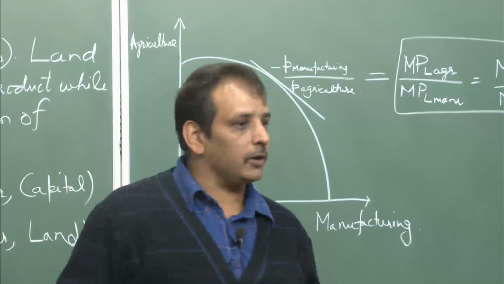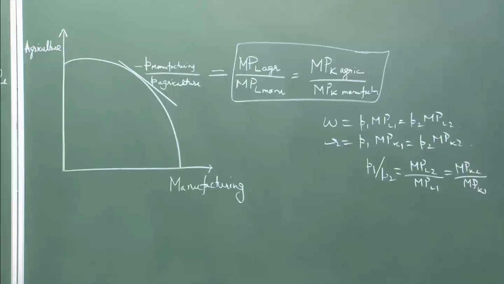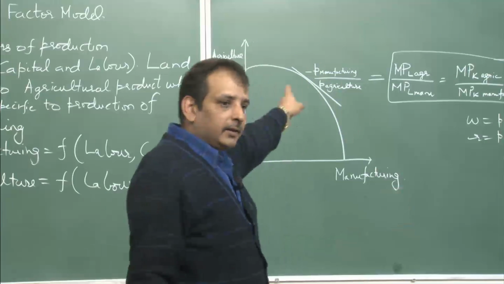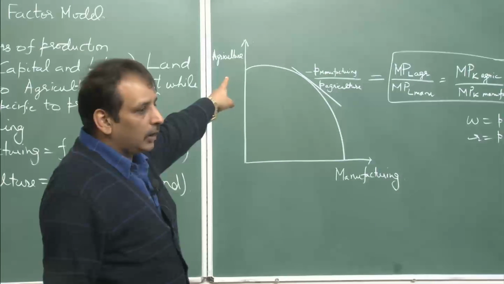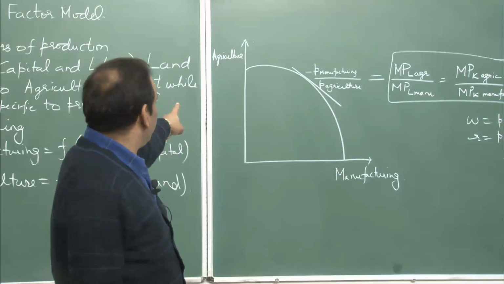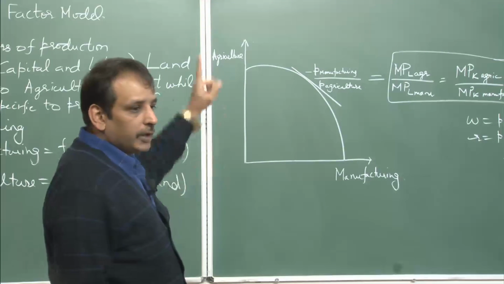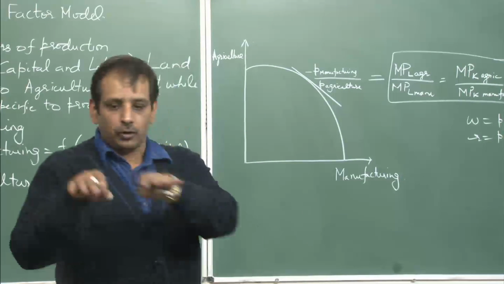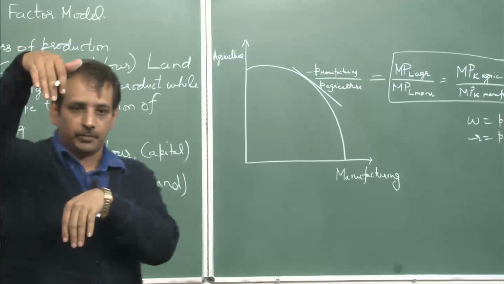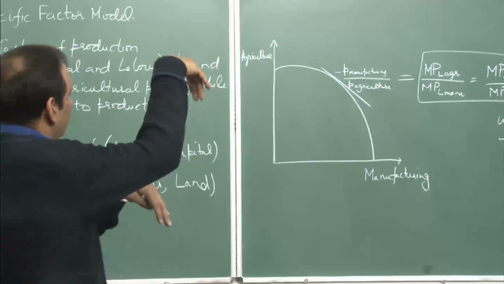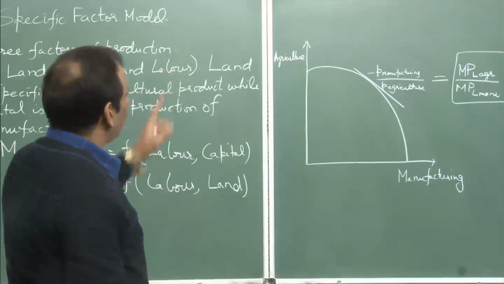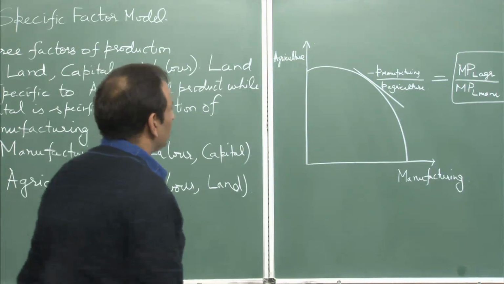There is something called the law of diminishing marginal productivity. If you increase labor, the marginal productivity of labor goes down, and when the labor moves out of agriculture, the marginal productivity of labor there goes up. So in manufacturing, the marginal productivity of labor goes down, and in agriculture it goes up.